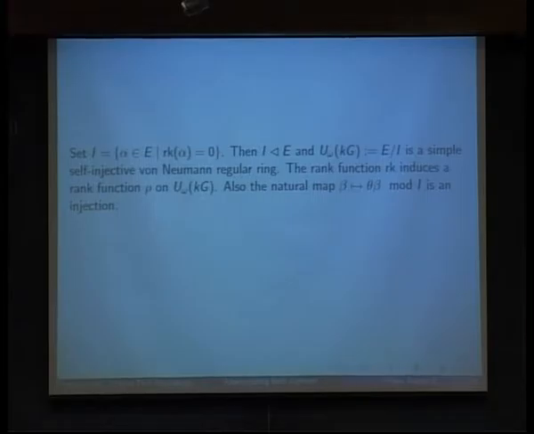Then I is an ideal of E, and you define U_omega(KG) to be E over I. This will be a simple self-injective von Neumann regular ring, and the rank function also induces a rank function on this von Neumann regular ring. And the map sending beta to theta of beta mod I is still an injection.